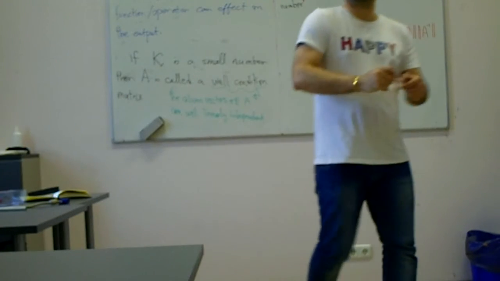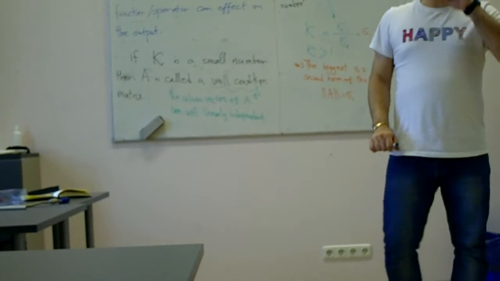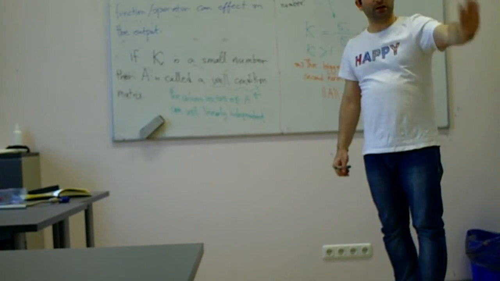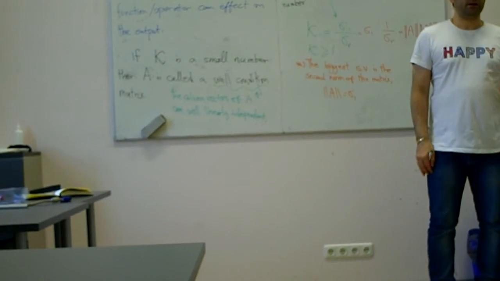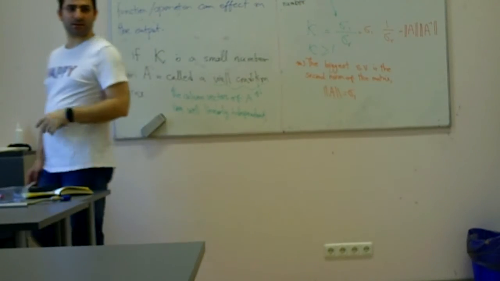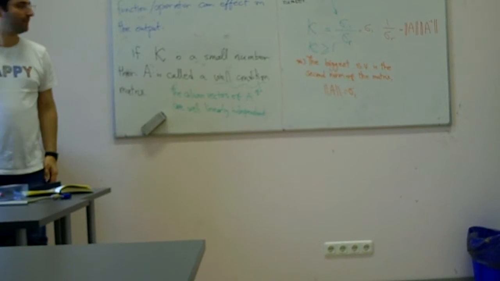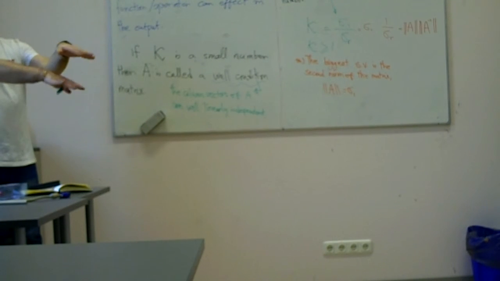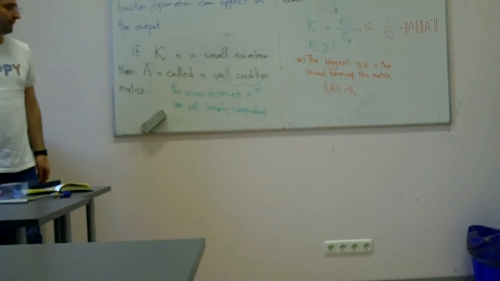They are very, very linearly independent. In other words, with one look, you can say there is no way that they are depending on each other. Like the bases 1, 0, 0, 0, 1, 0, or 0, 0, 1. You look at it and you say that it's not possible to create one with the other one.